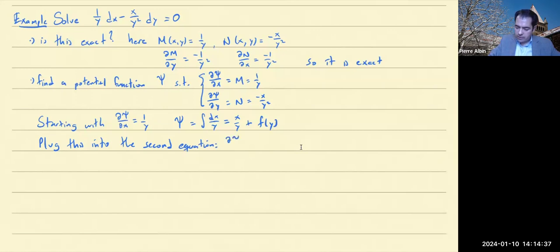Right, so the second equation says the derivative of psi with respect to y. From what we know, this is the derivative with respect to y of x over y plus f of y. So that's equal to minus x over y squared plus the derivative of f with respect to y. On the other hand, we know that it's equal to minus x over y squared.